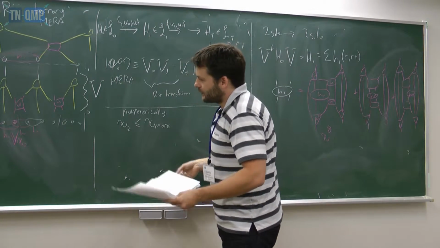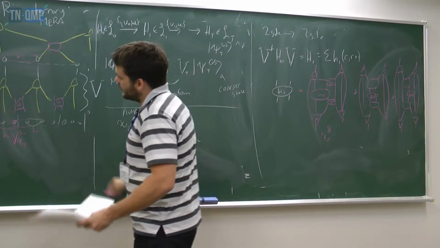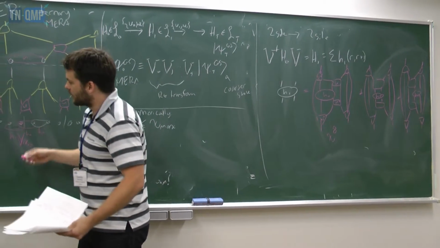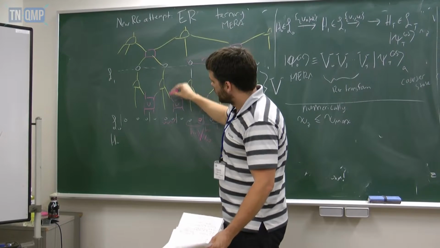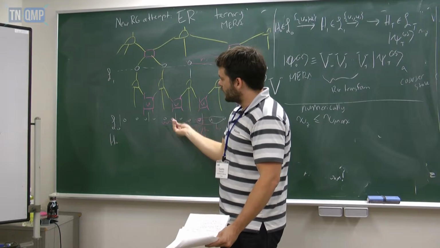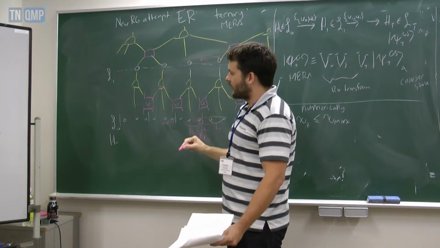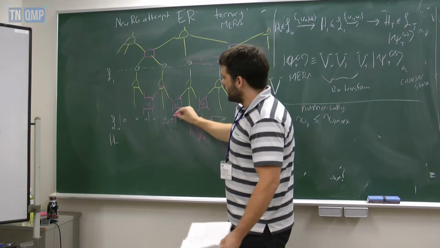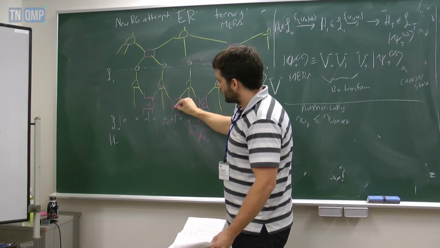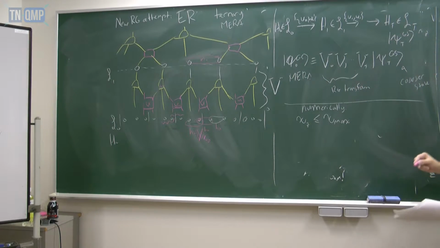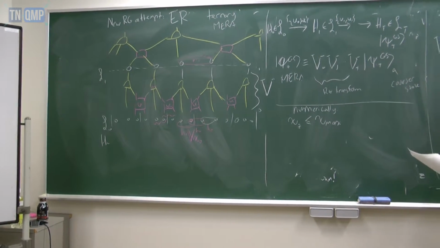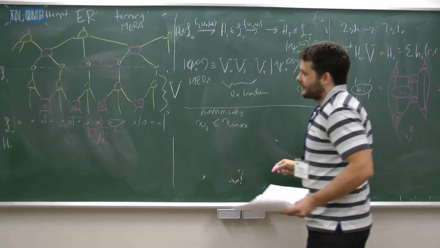So what we can argue theoretically is that this MERA doesn't have the same problem we encountered before. If there's some short-range entanglement here, it can be taken care of by this isometry. These disentanglers here take care of the stuff that was missing before.